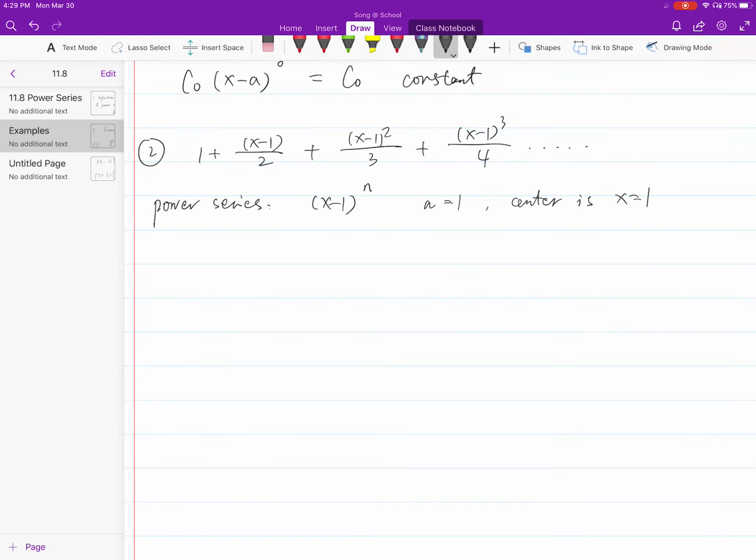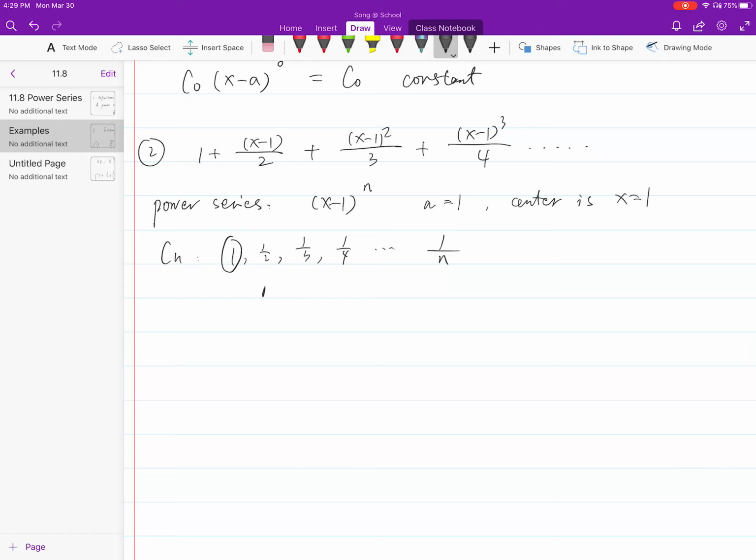Now second, what do you observe for the coefficients? Coefficients are 1, 1/2, 1/3, 1/4, and keep going. Clearly, we have a formula for this. That is 1 over n. But now notice, be careful. The first term is going to be when n equals 1. And the very first term is a constant term, which is 1.